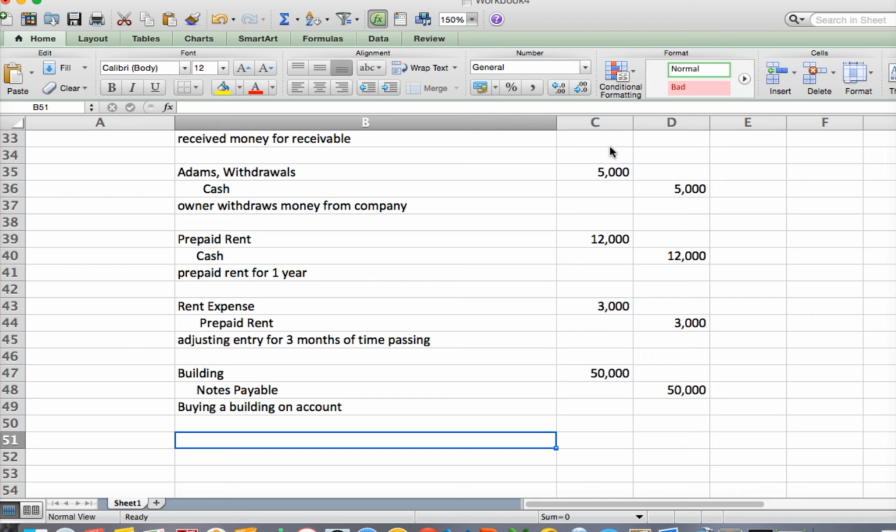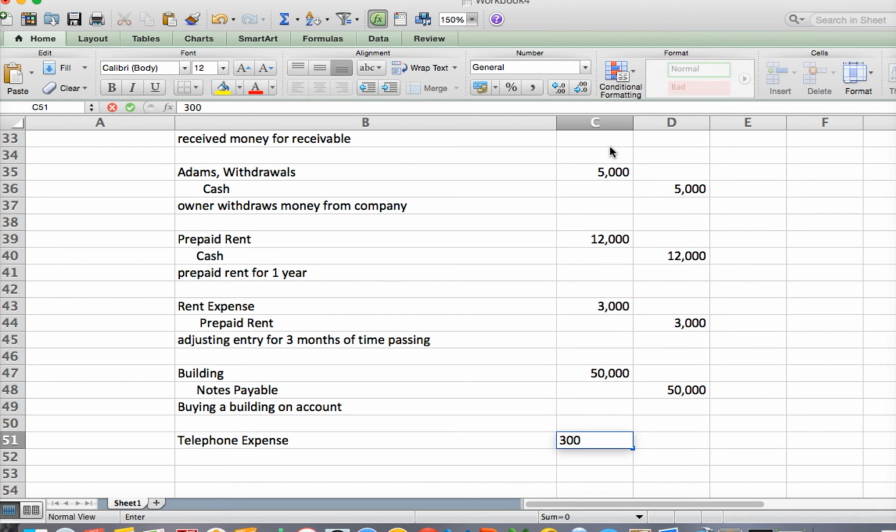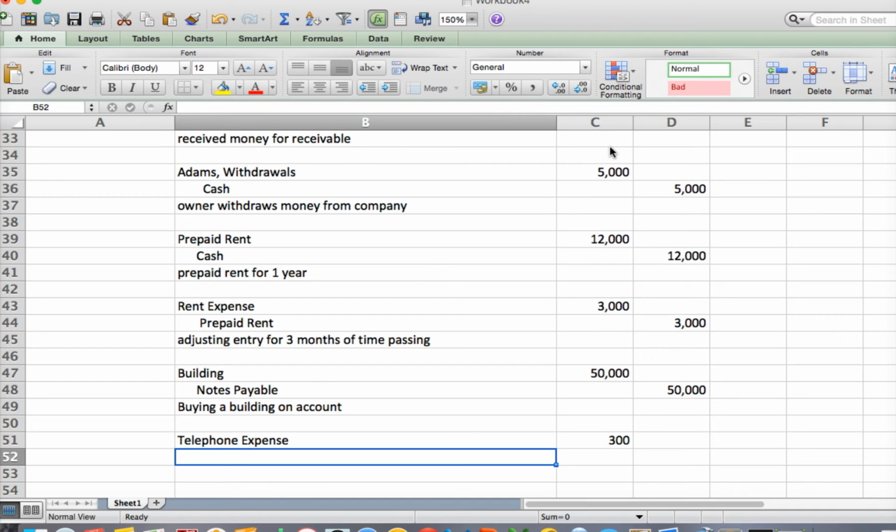So when we receive it, we owe the money. We're going to say that we have an expense account called telephone expense. Okay, so we record $300 worth of telephone expense, and we also, since we haven't paid it yet, we need to put some type of IOU on the books that shows that we recognize that we owe this money, but we haven't paid it yet. Okay, so again, that's a liability.